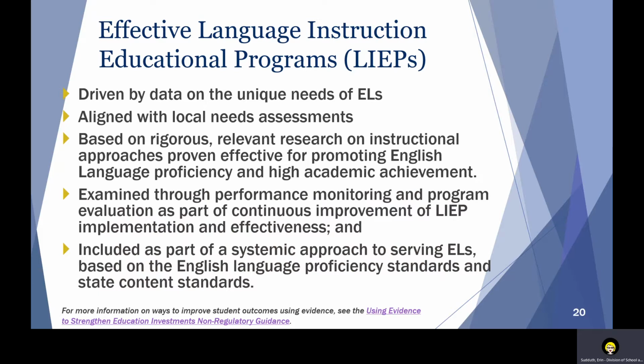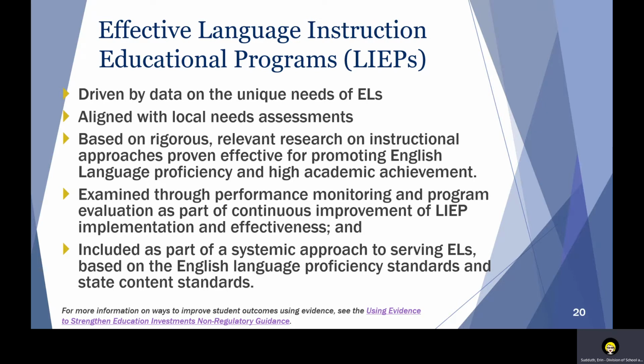When determining whether an LIEP is effective, districts should consider the following. Is it driven by data on the unique needs of ELs? Aligned with local needs assessments? Based on rigorous, relevant research on instructional approaches proven effective for promoting English language proficiency and high academic achievement?